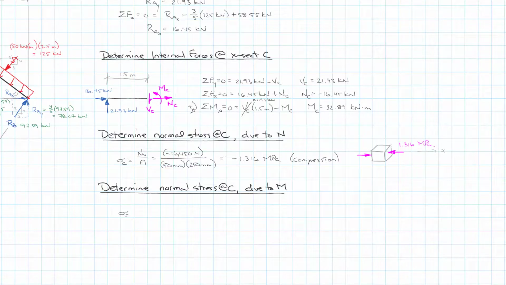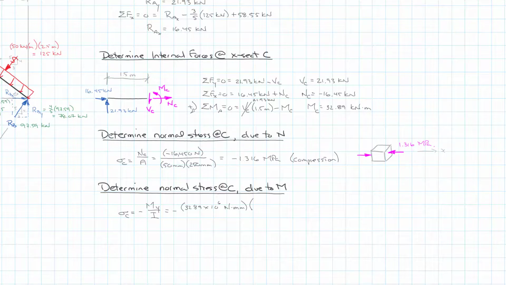And so normal stress at C due to a bending moment. So that would be our negative My over I. And so we have negative 32.89 times 10 to the 6 to get that into newtons and millimeters.